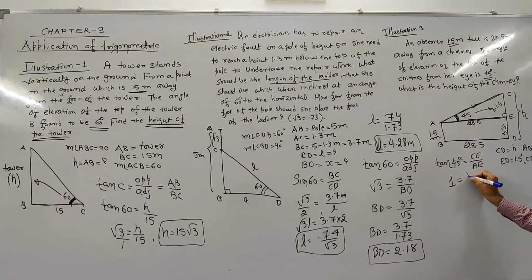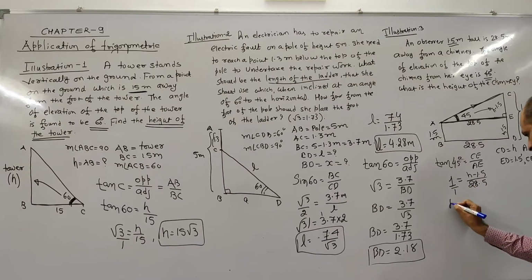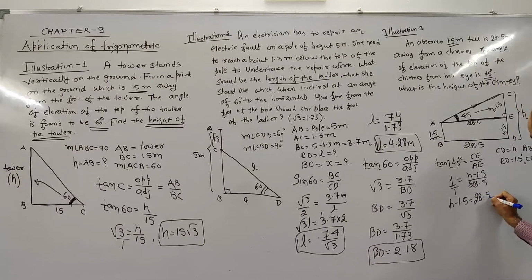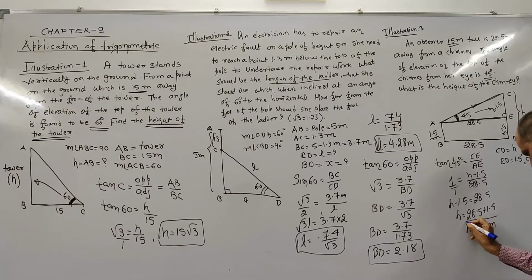CE means H minus 1.5. AE means 28.5. Now cross multiply. You get H minus 1.5 is equal to 28.5. So H is equal to 28.5 plus 1.5. H is equal to 30 meter. Therefore, the height of the chimney CD is 30 meter.